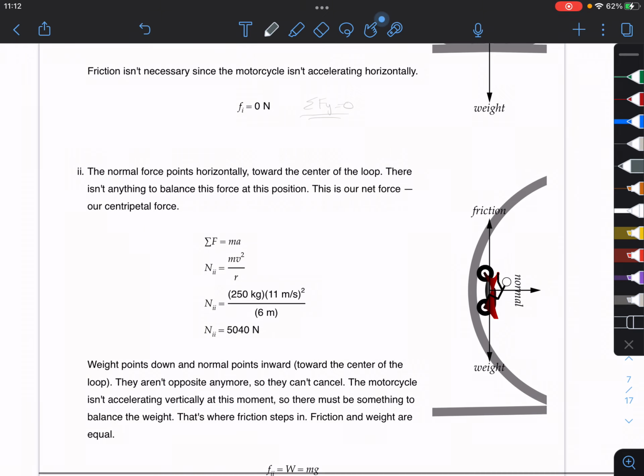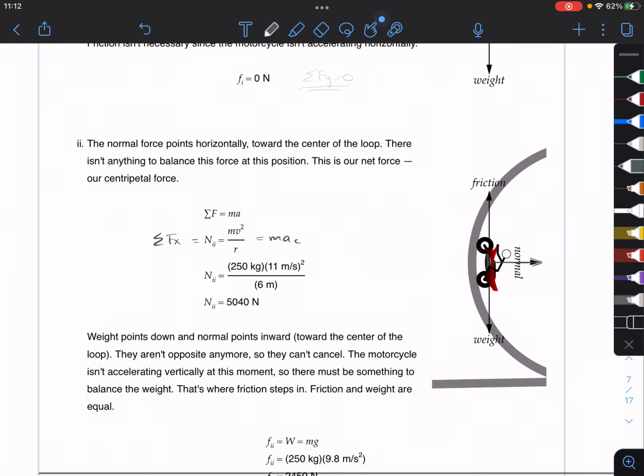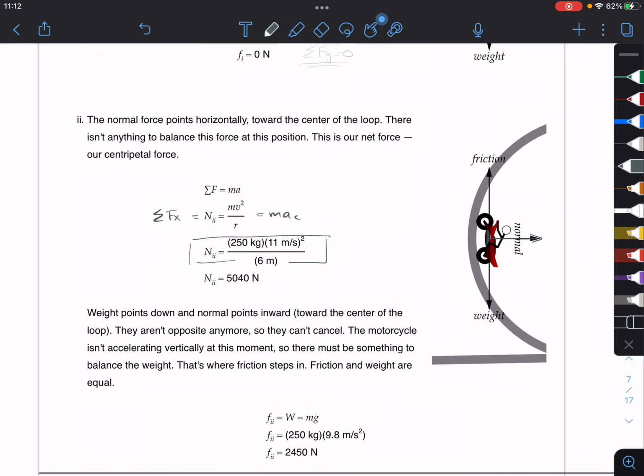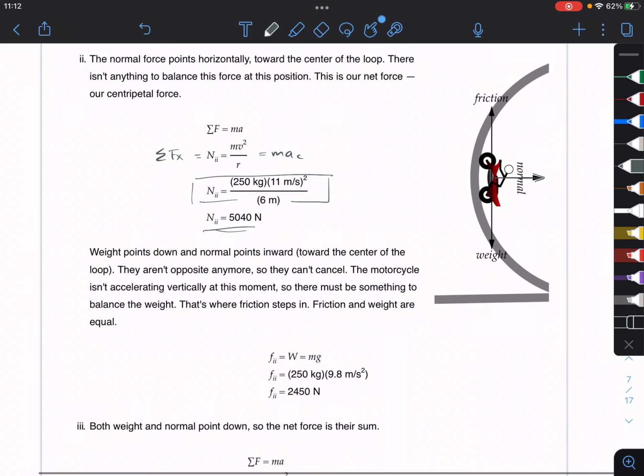We're doing it along the direction of the normal force here, so sum of forces, let's say in the x direction, is equal to the normal force pointing in, and that's going to be equal to m a_c, which is v squared over r. If you plug in everything to solve for that normal force, this is what it would be equal to for this point.